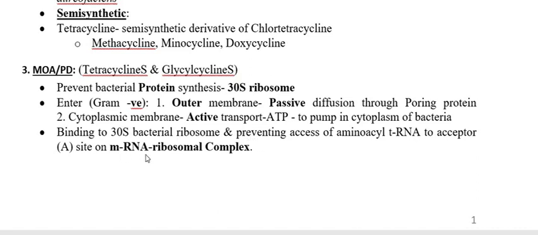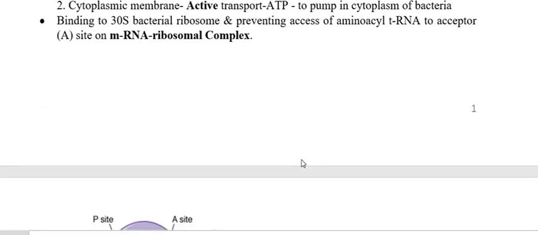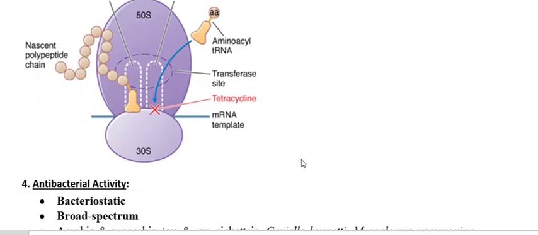Because the transfer RNA, which carries the amino acid, does not reach the A site, protein synthesis gets inhibited, and this is explained in this way in the structure form.